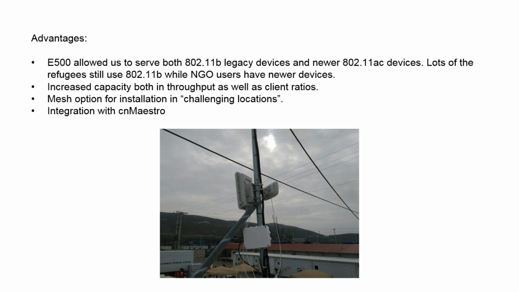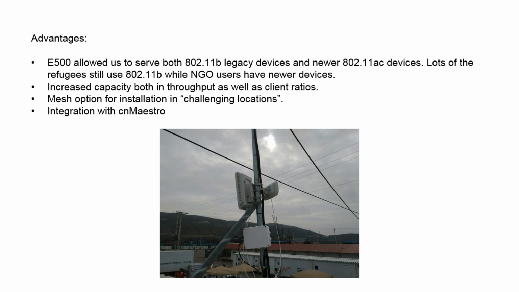Another advantage was the increased capacity, both in throughput and client ratios. Throughput speaks for itself. Obviously, using 802.11ac, you get a huge increase in throughput, and you have better channel options than 802.11b.